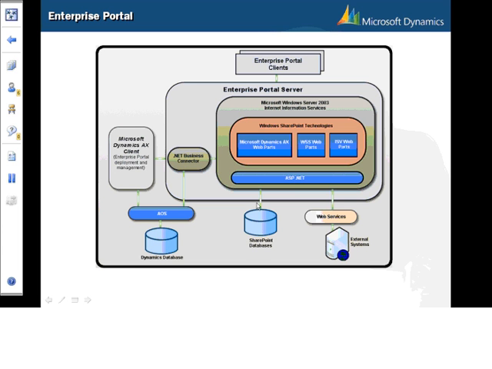It uses the SharePoint databases and can connect to other external systems using web services. The Internet Information Services and SharePoint technologies are connected to the Microsoft Dynamics AX client and Application Object Server by using .NET Business Connector. And the client and Application Object Server are connected to the Microsoft Dynamics database.